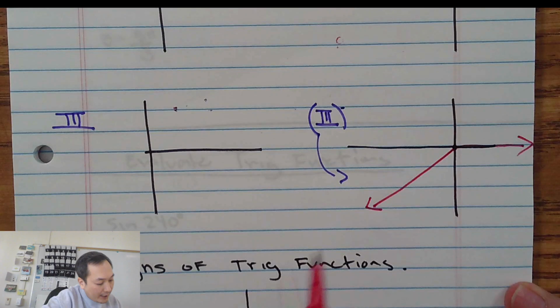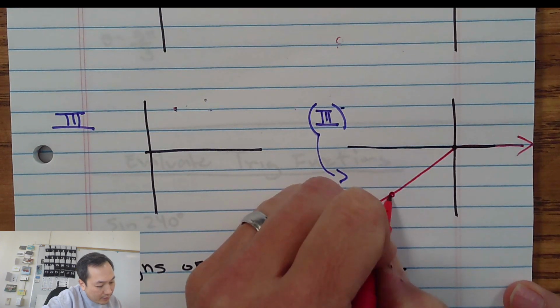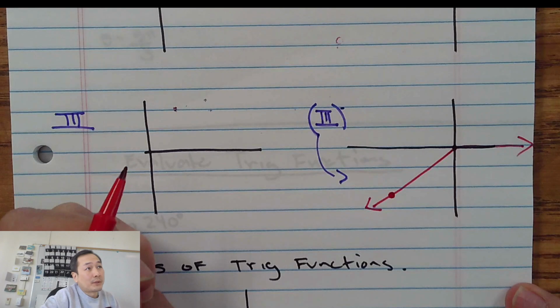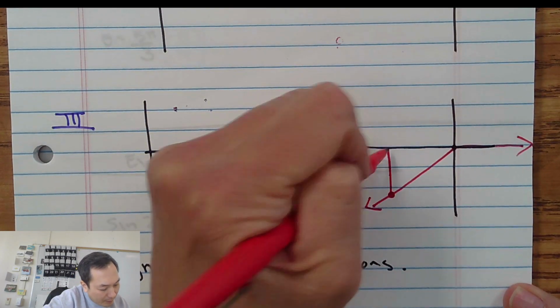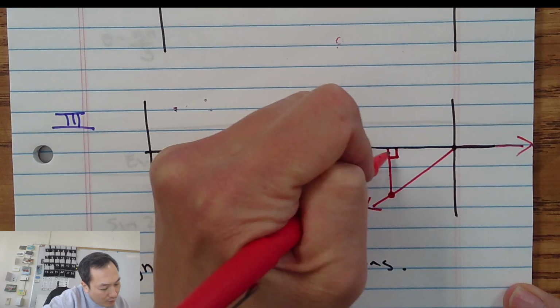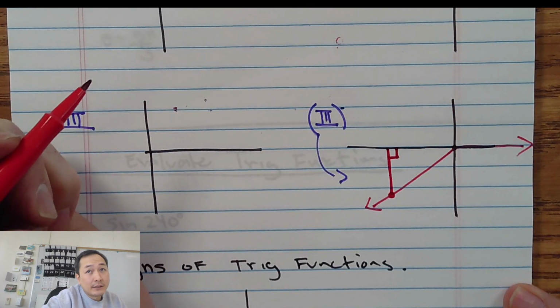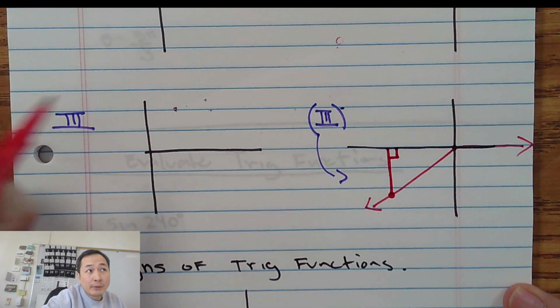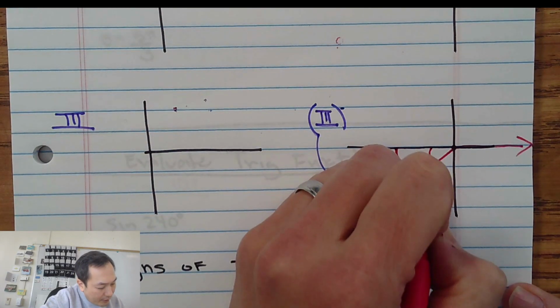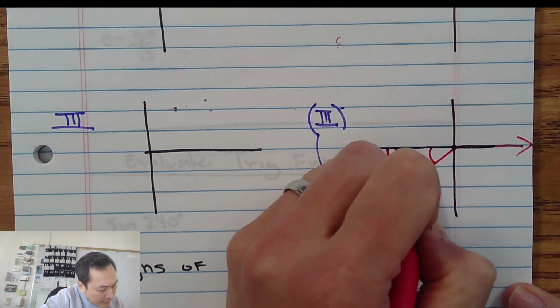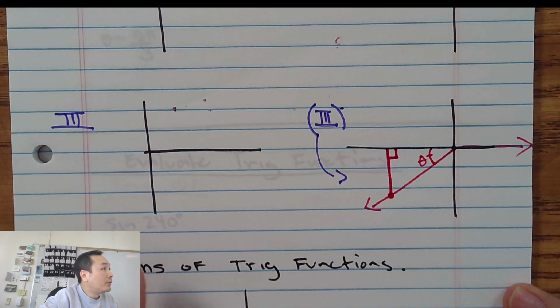My reference triangle is always going to be created by picking a random point on the terminal side and making the perpendicular segment to the x-axis. It's always going to be the x-axis, not the positive x-axis, but the x-axis. So that's my reference triangle, therefore making this my theta or my reference angle.